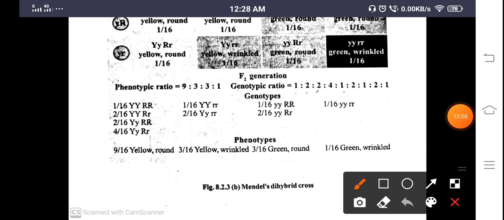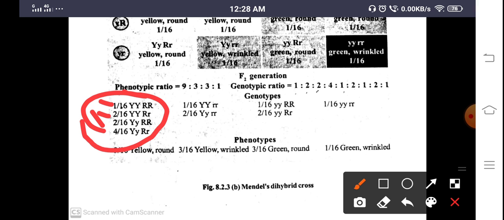Now, what type of plants are here? 1 yellow round, 2 yellow round, 2 yellow round, 4 yellow round. So all these are yellow round.